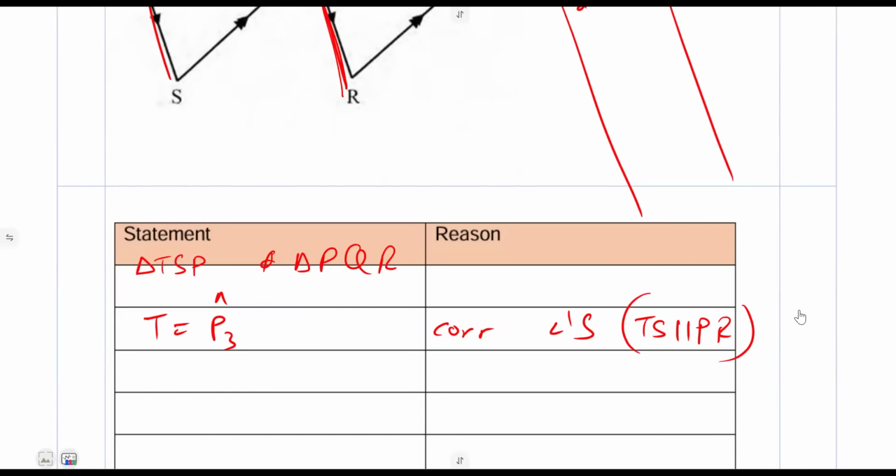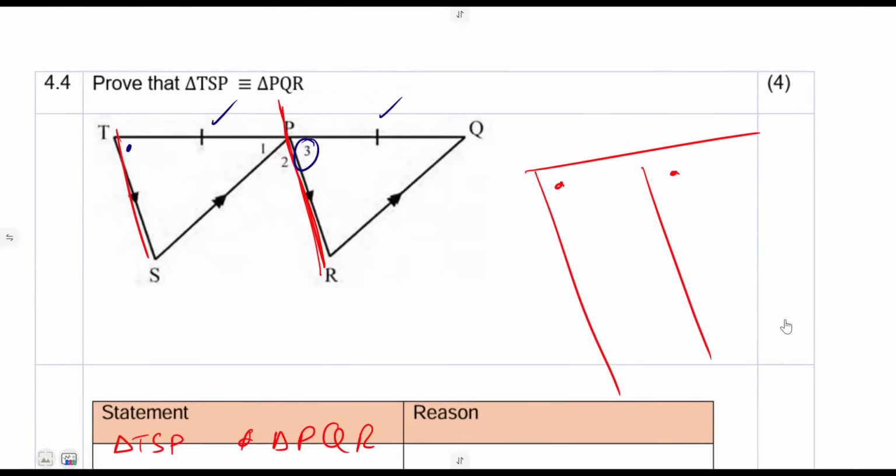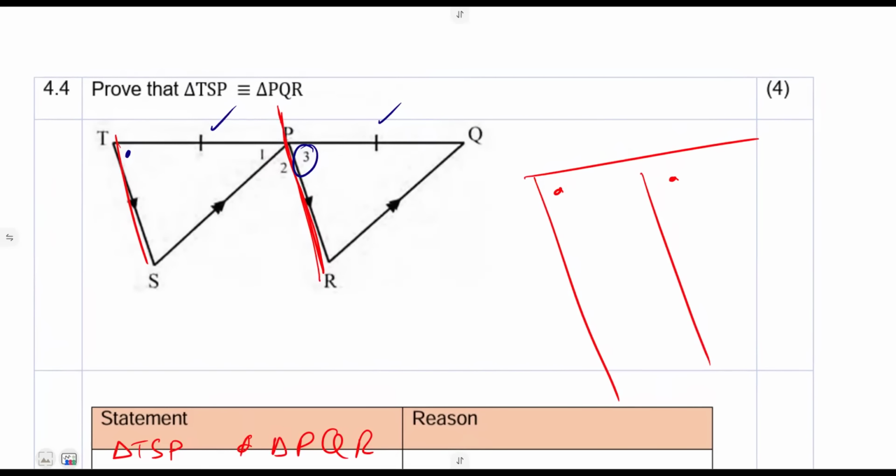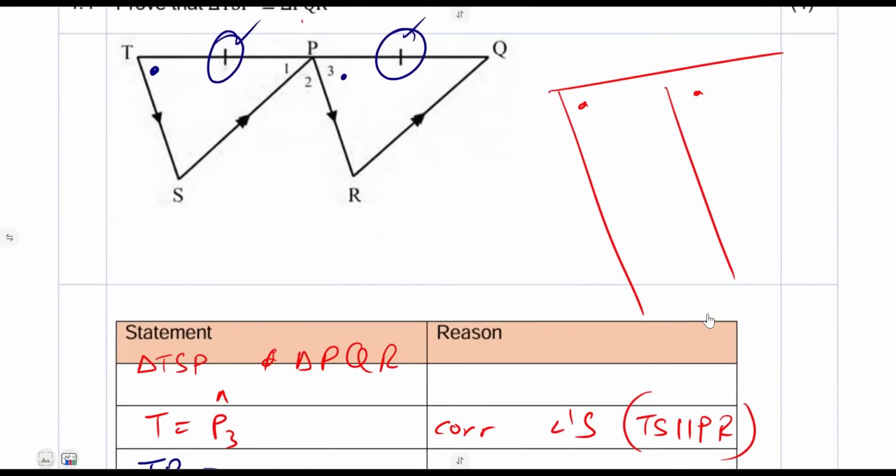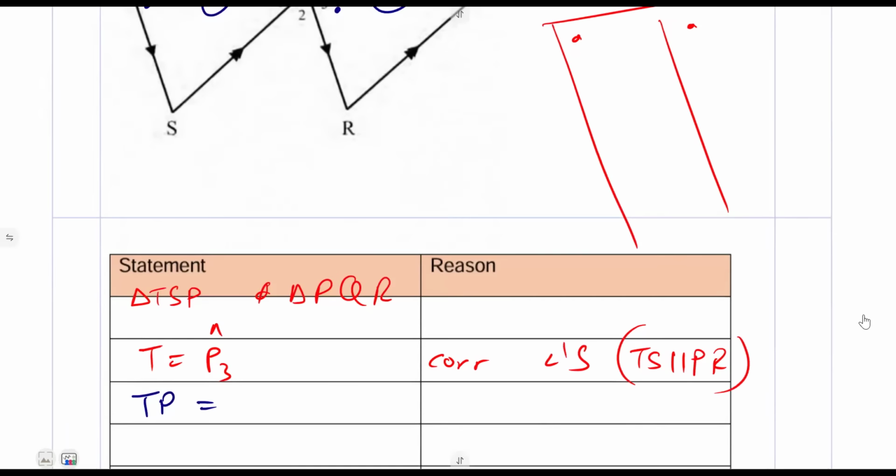Then we have got another pair of parallel lines that we are given. Remember we said the sides TP and PQ are exactly the same.